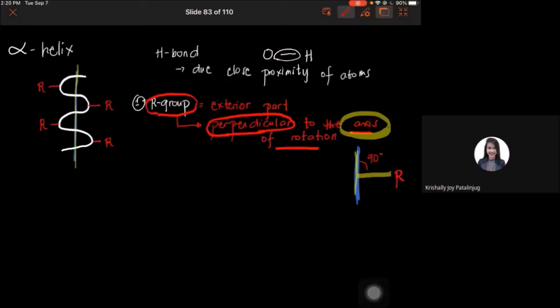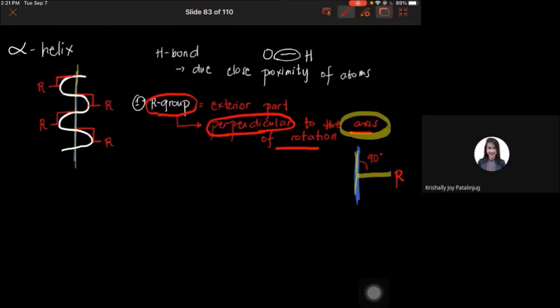So, pwede nyong highlight dyan. Parang ganito. Okay? 'Di ba? Kung siya, ma-explain siya by just a schematic diagram ng mismong alpha helix. 'Di ba? Makakabuo ka dyan ng somehow 90 degrees nga angle. Okay? Axis of rotation to the R group, perpendicular 90 degrees.